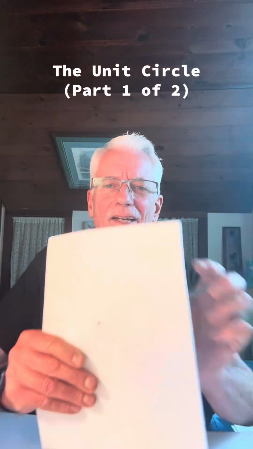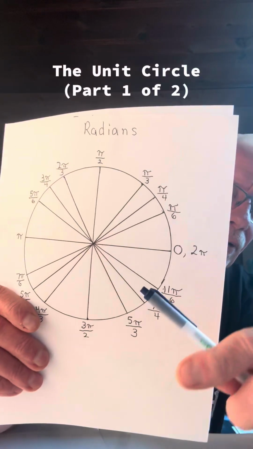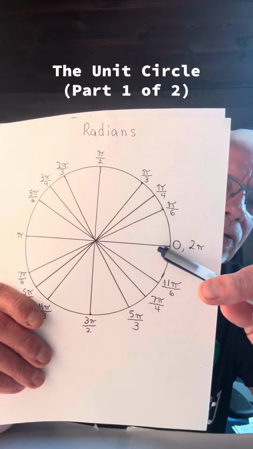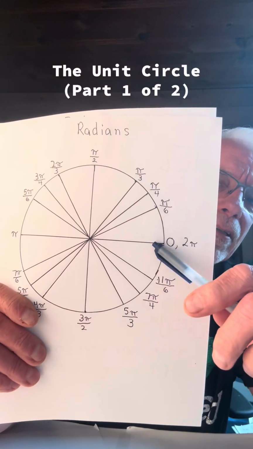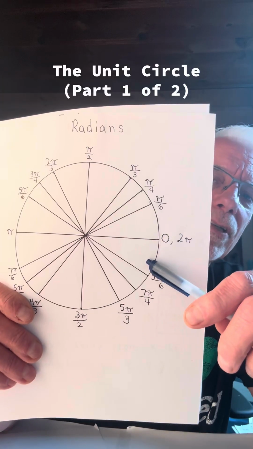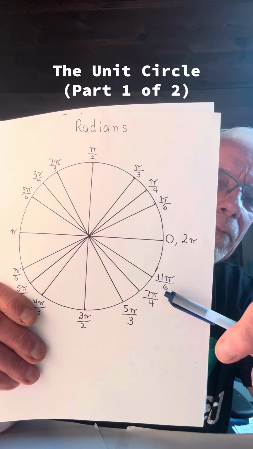So in terms of 2 pi, I'm thinking 12 pi over 6 is 2 pi. So 12 pi over 6 minus 1 pi over 6 is 11 pi over 6.